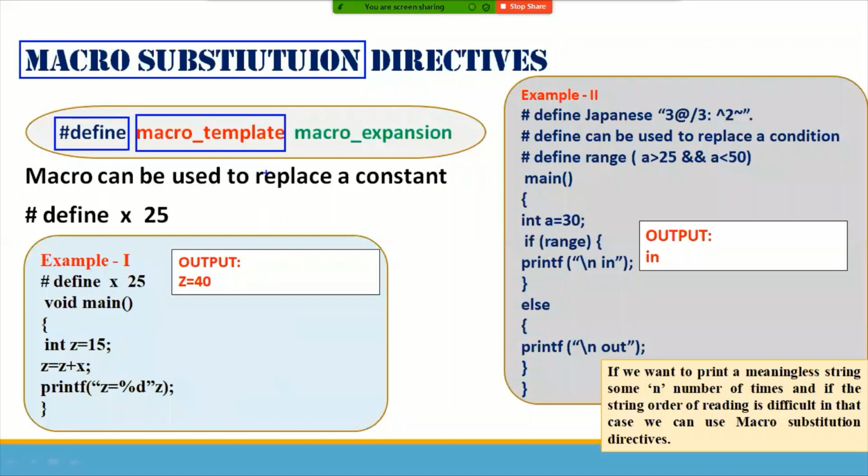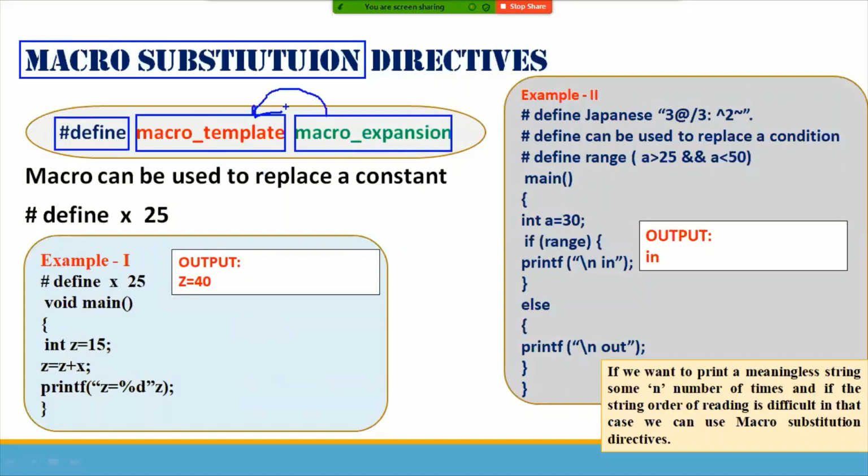This macro template or symbol can take any name. There is no restriction. We take one symbol, and its constant value is given in the form of the macro expansion. That macro expansion is also called a constant. This constant will be given to this particular template.